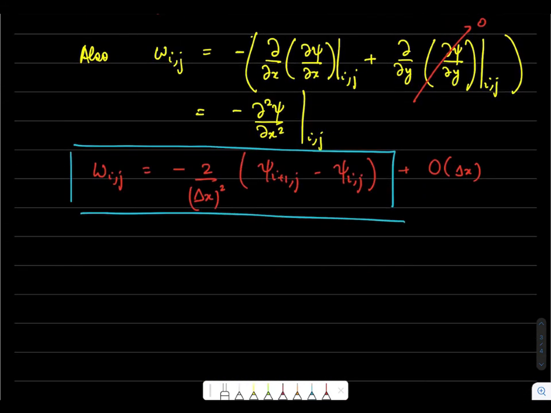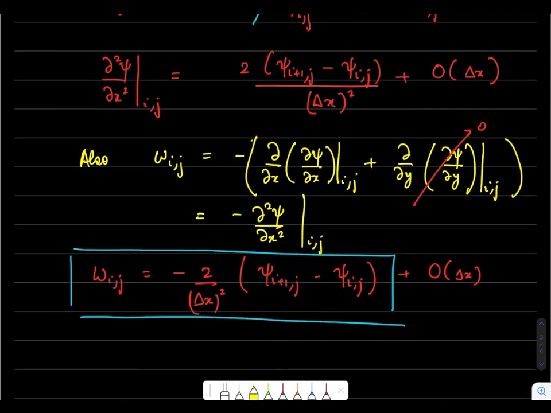So in this case, psi ij is essentially whatever value you want to assign. The exact value doesn't matter. You can assign it as 0, or some number, I don't know, 100 or 1000. That exact number won't matter, because the flow is governed by the difference in the stream function, not by the actual value. So the psi ij will be a number that you can assign to the problem.